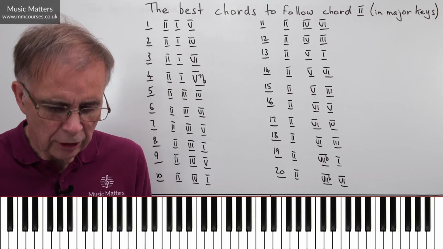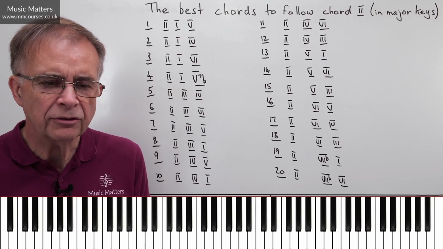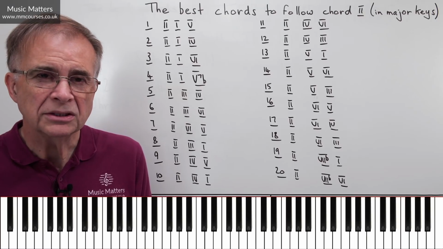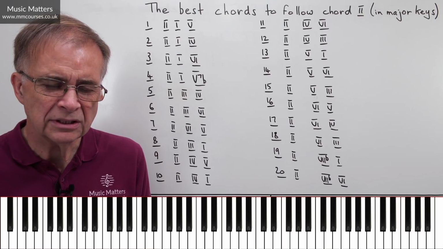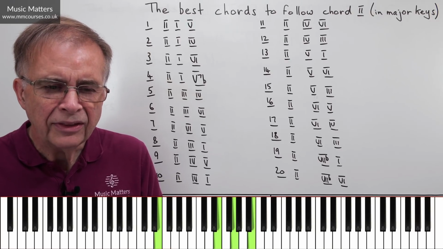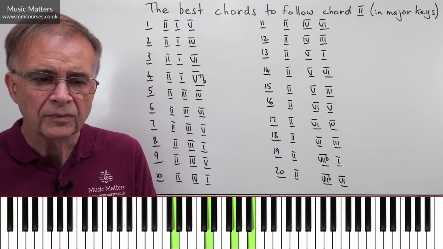Okay, well, what about option 7? So here we're going from 2 to 3 to 5. Some people might think 3 to 5 doesn't sound great, but see what you think. 2 to 3 and then to 5.